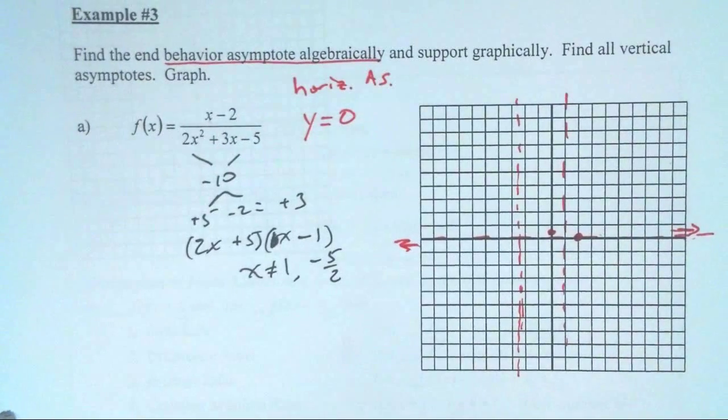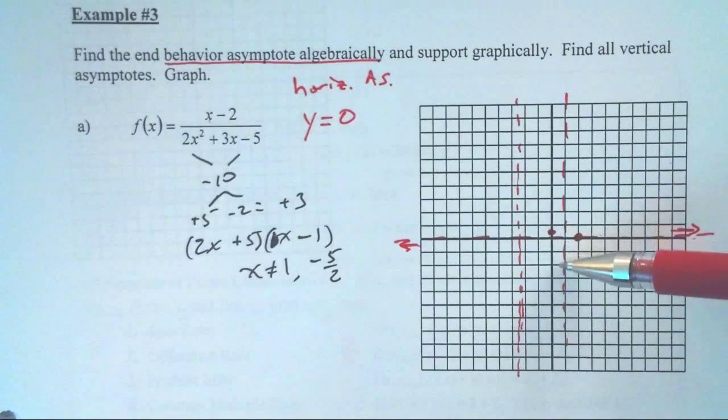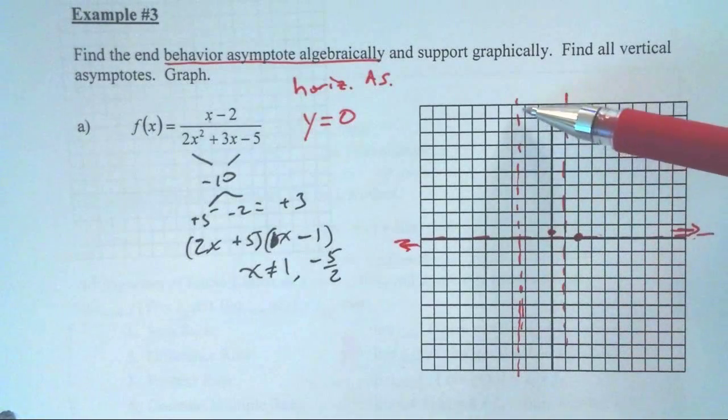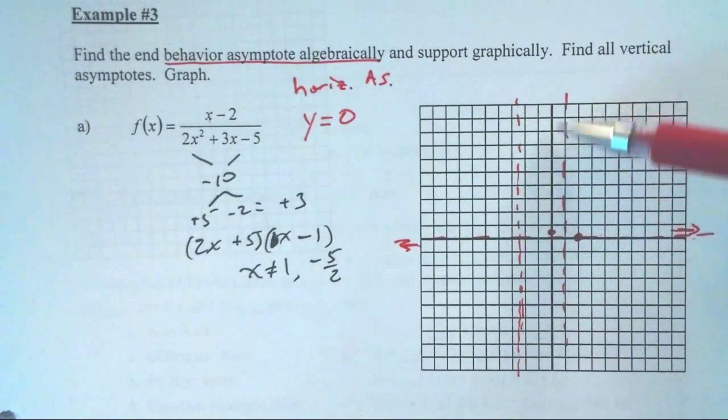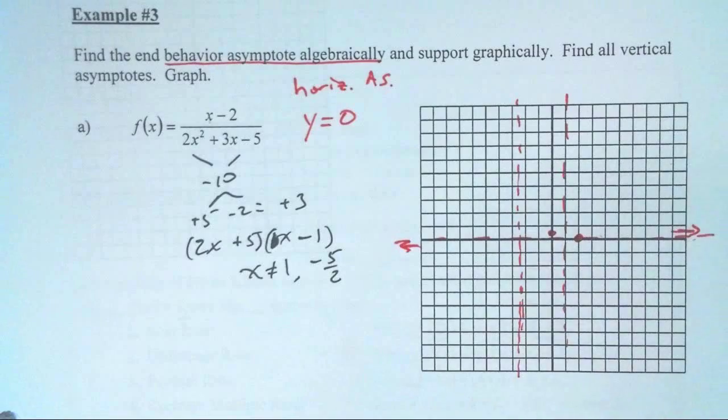All right, what do you think? Comes down, touches, comes down, comes up, touches, goes up, or comes down, touches, goes up? Only one of those makes sense. It's the only passage.